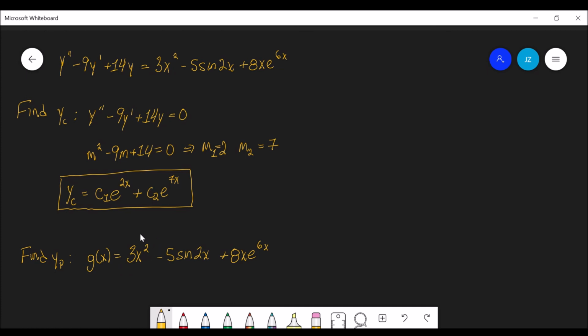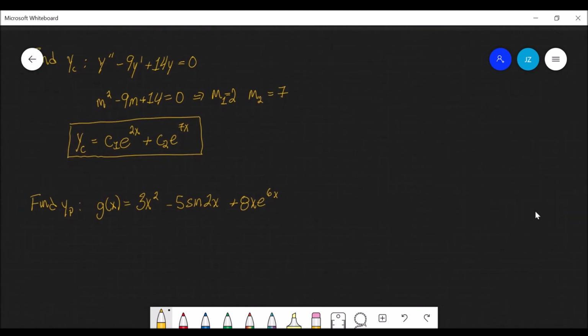We have a polynomial, we have a trig, and we have a polynomial times an exponential. We can thus use the principle of superposition and find 3 particular solutions.